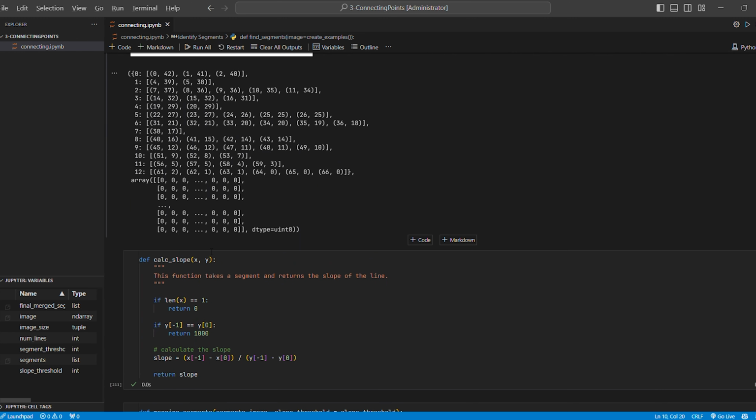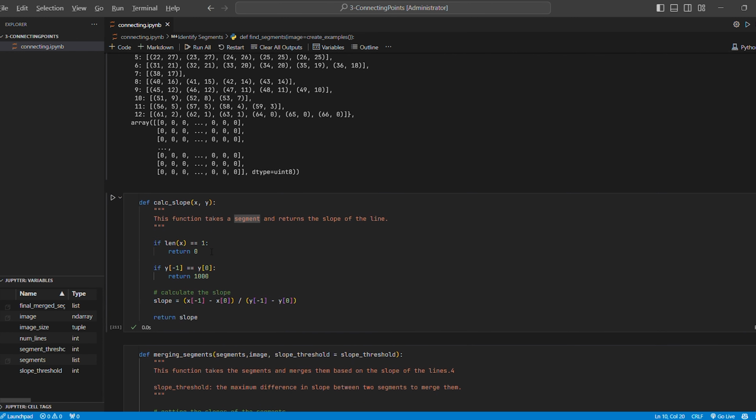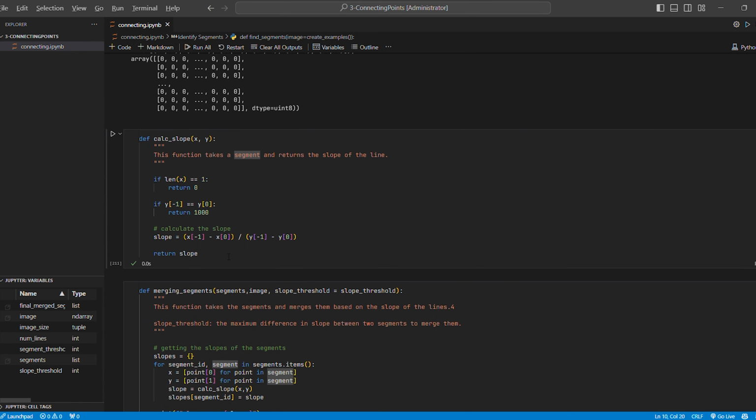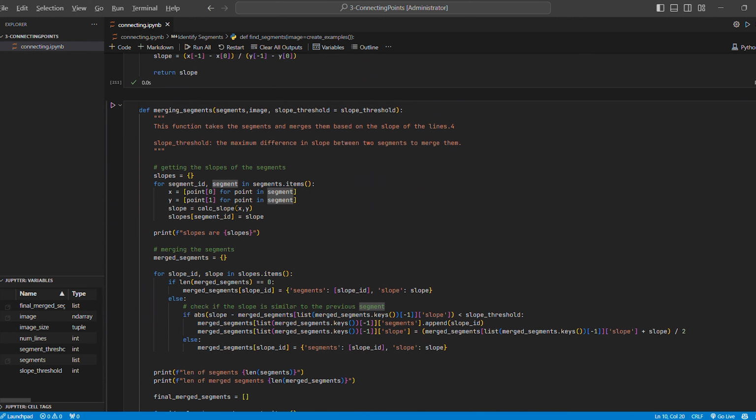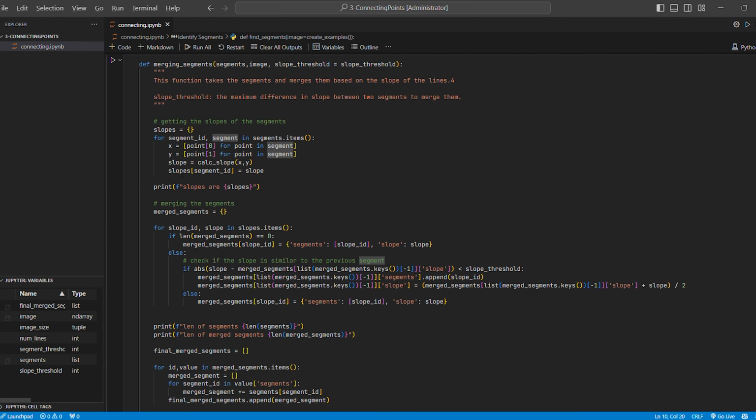After getting these segments, they can be merged into single segments with the same slope. For example, if a segment is broken in the middle, it can be considered one segment if it has the same slope and same intercept, as you can understand from a line. For that I'm calculating the slope. I have written a function for that, then merging the segments. In this code I iterate through all the segments.